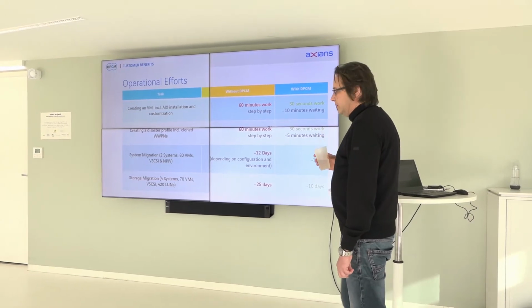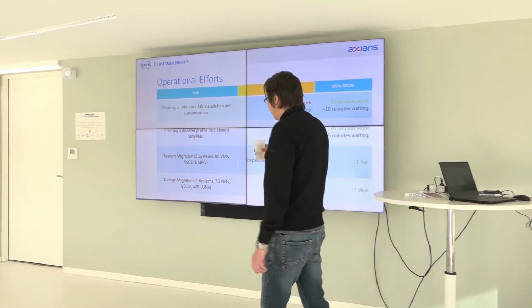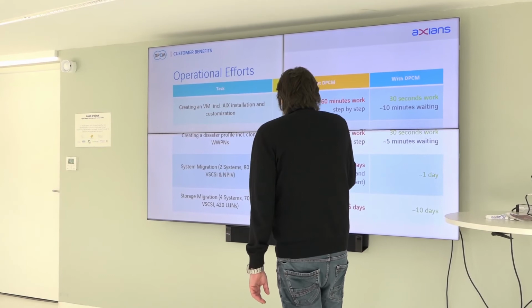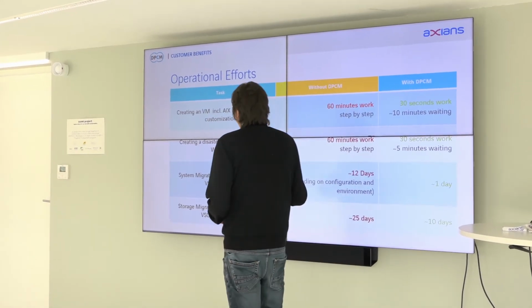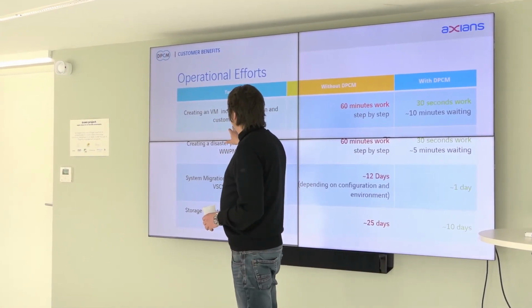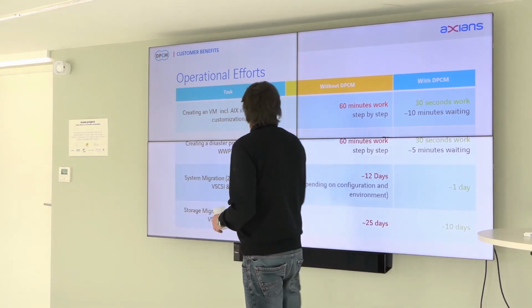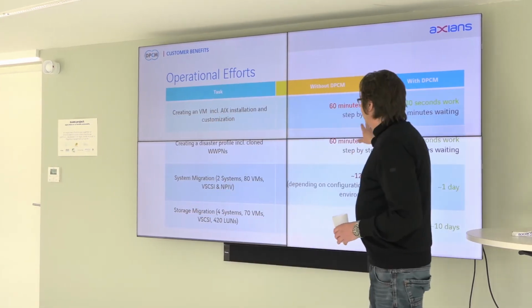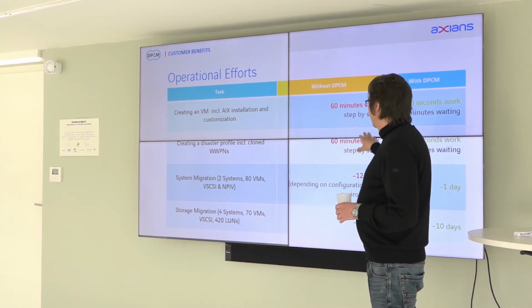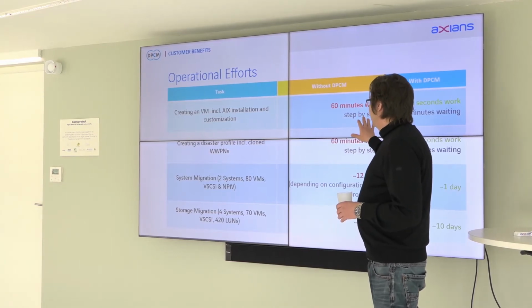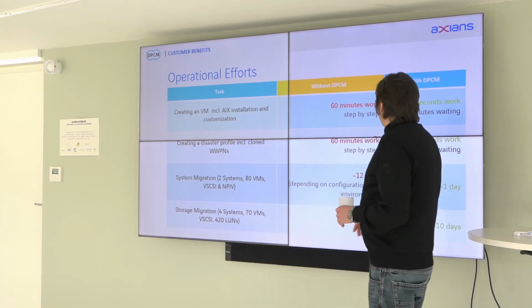If we have a look at the operational efforts, some samples: to create a virtual machine with AIX installation and customization. Normally, if you create it with the HMC, maybe you have 60 minutes to work, step by step.